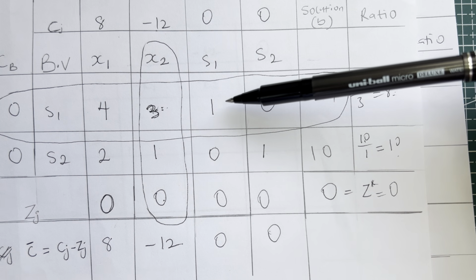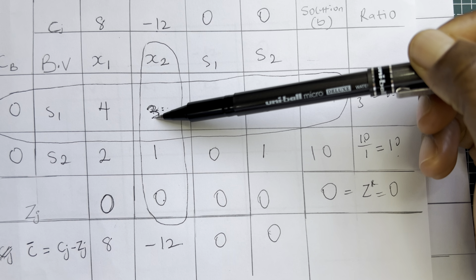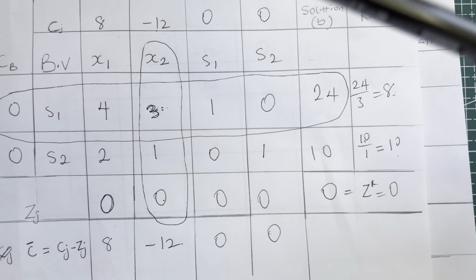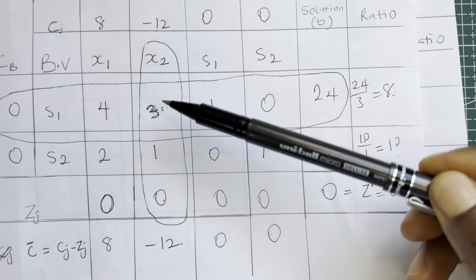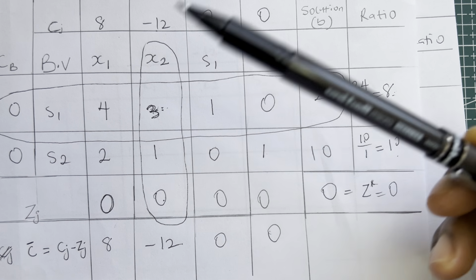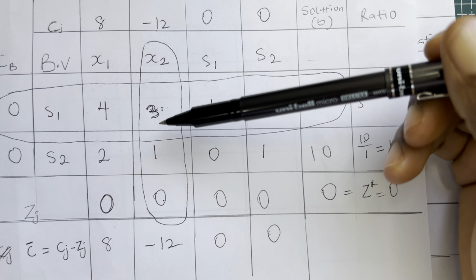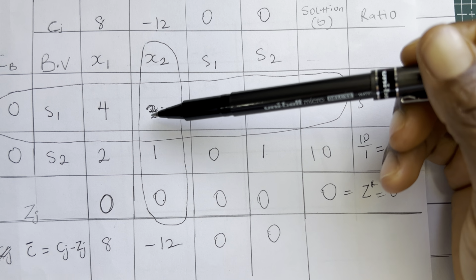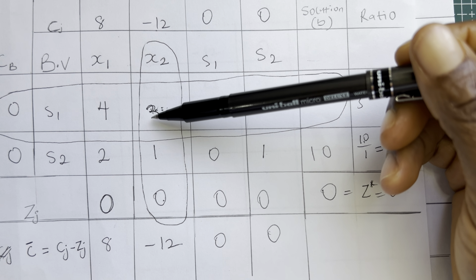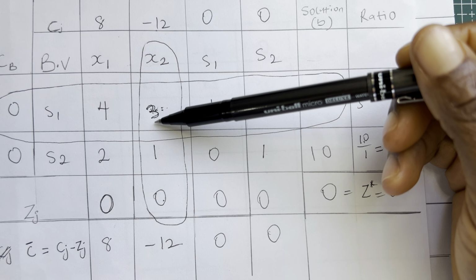The next is to divide these values by the pivot or key element, which is 3. So here we have 3 over 3, which is going to be 1. The trick here is the key element or the pivot element must be 1 in a new table. For this to be 1, we need to divide it by itself, which is 3 over 3, which will give us 1.